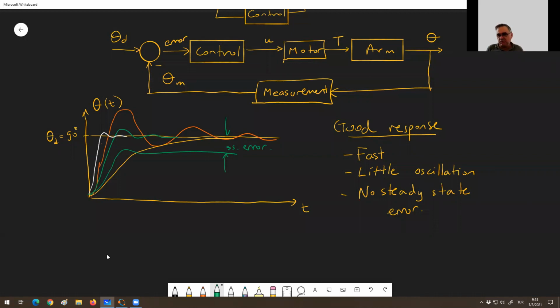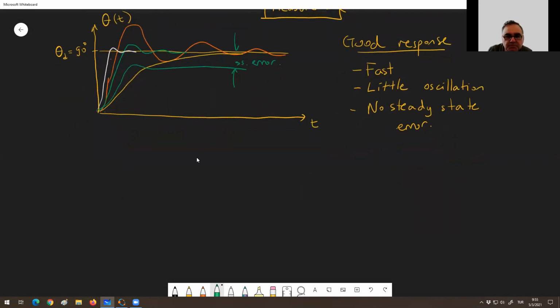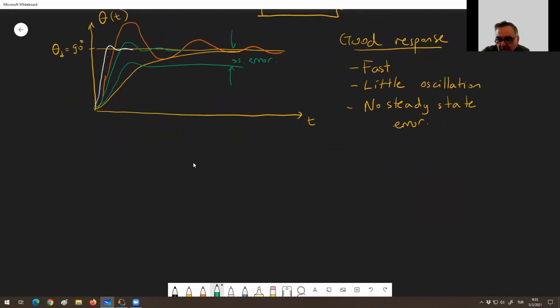And that's not what we want. That is a bad response, definitely. Okay, so we want to quantify the good response by the following parameters.